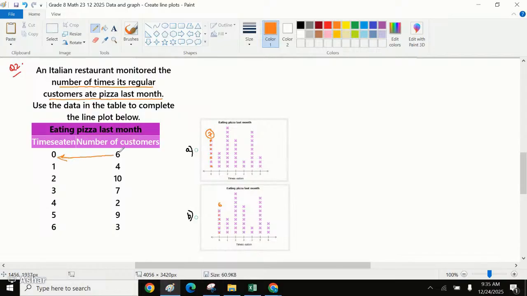This should be 6, but in option A, that was a 7. So we don't have to solve the remaining part because there are only 2 options for us, right? So what should be the correct answer? Option B should be the correct option. Because why?